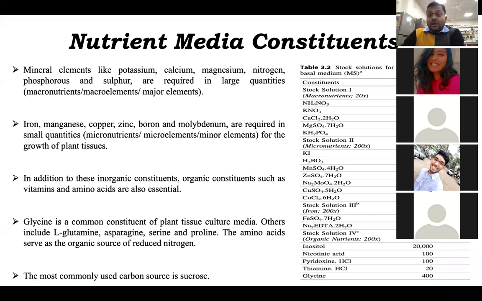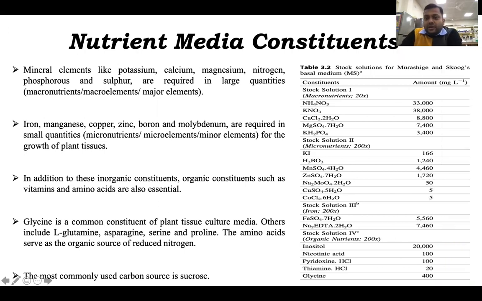Sorry for this. What I was mentioning is we ask the students to make different stocks, and we don't give iron as such. We make a separate stock for iron EDTA. And then we have a 200x stock for the vitamin solution, where we add the different vitamins.